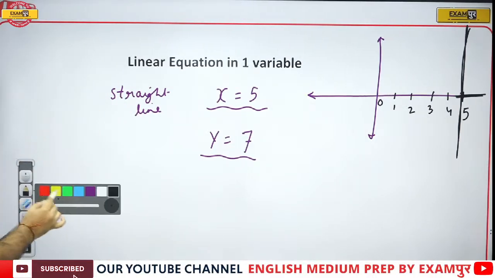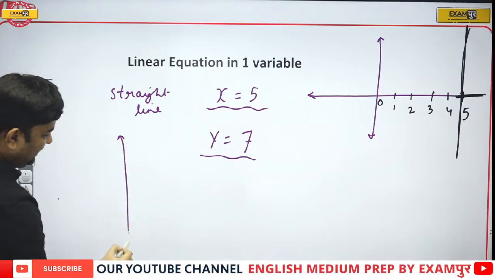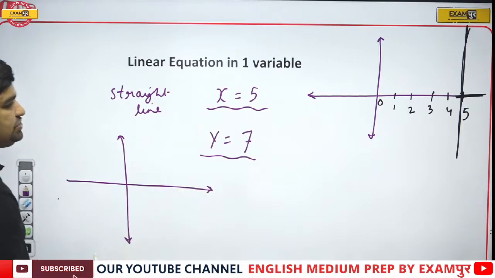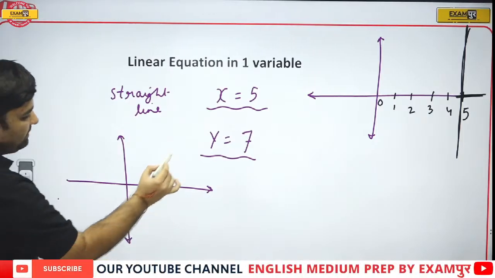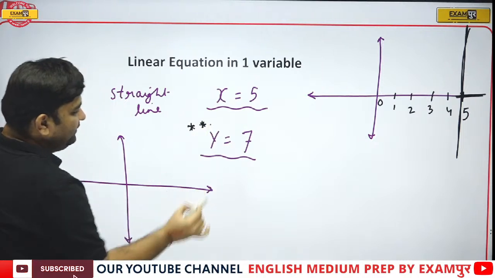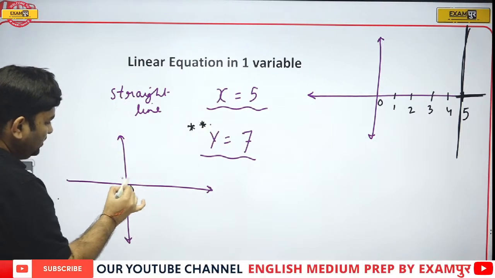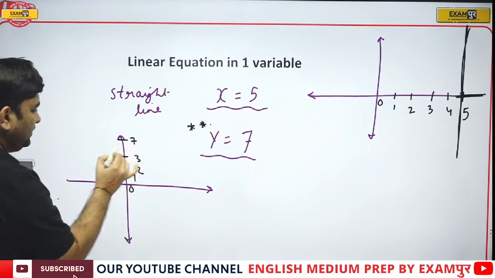How can we make y is equal to 7 a straight line? y is equal to 7 is a straight line where at every point y is equal to 7. 0, 1, 2, 3, let's suppose 7.